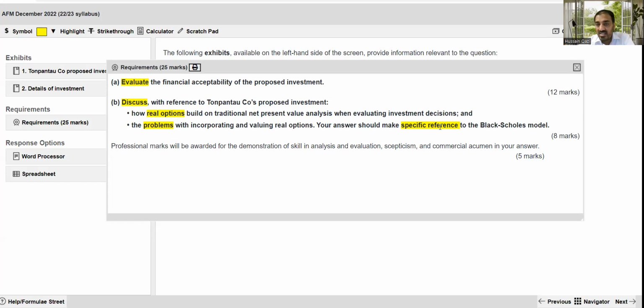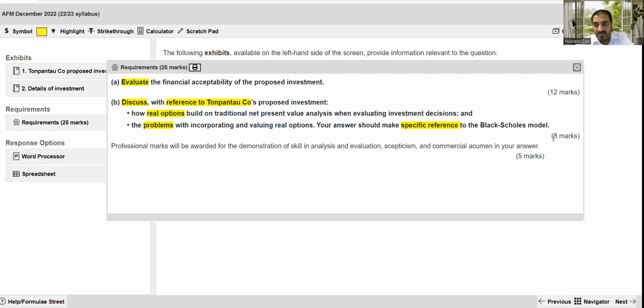Number one, reference to Black-Scholes, and number two, reference to Tonpantau company. Do remember, the AFM exam is about application. It's not only about the knowledge level. It's a professional level exam where the examiner expects the application of knowledge.